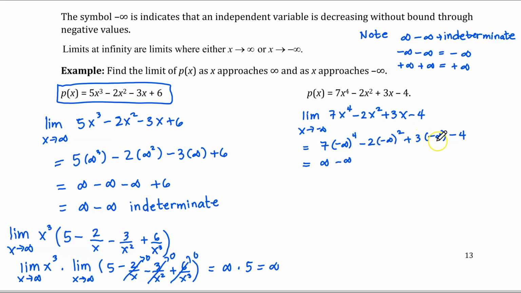And 3 times negative infinity is negative infinity minus 4. So combining all this, we can drop this because this is considered really small compared to the infinities here. So this will result in an infinity minus infinity form, which is again indeterminate.